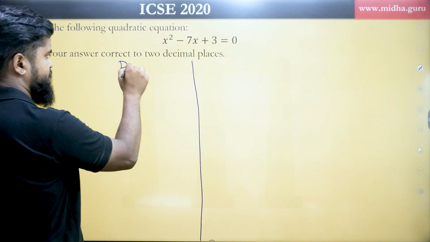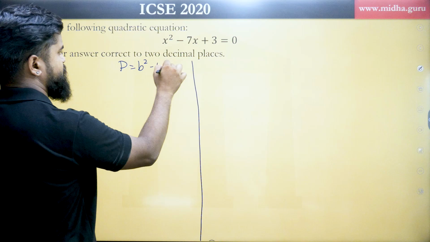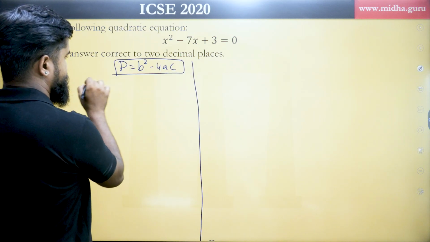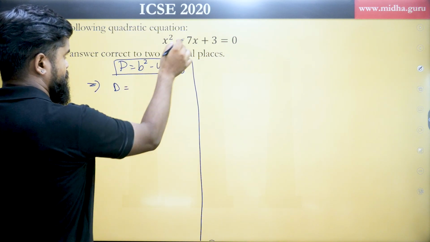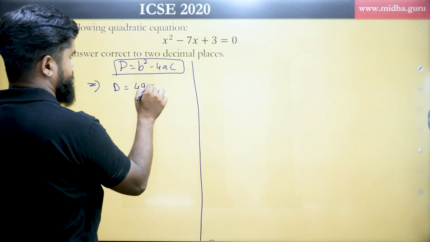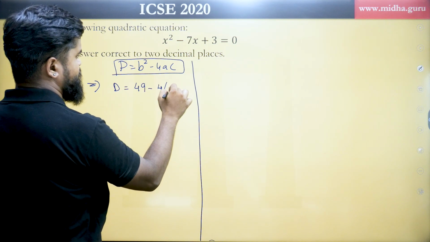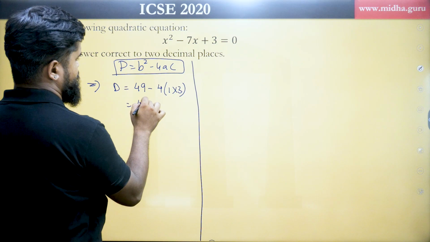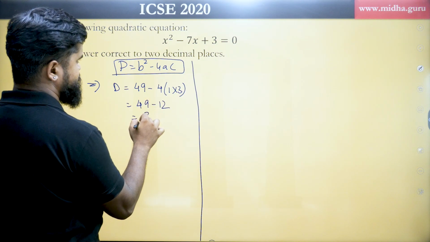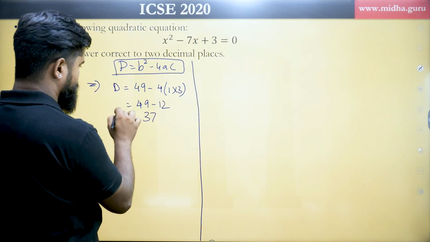First things first, we calculate what the discriminant is. B square being 49 minus 4 times of a into c. So 49 minus 12, which is equal to 37.